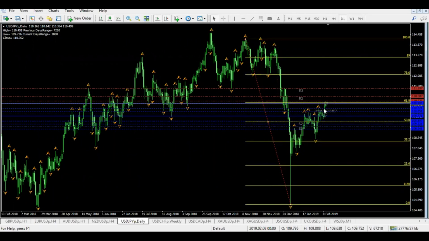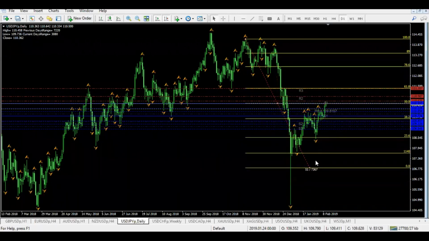Imagine your Fibonacci of 0 has been broken. No, 61. Your 61 is fully broken. And this is your major Fibonacci, and you want it to come to 78. And it makes a difference, because you're starting to trade with these tools.